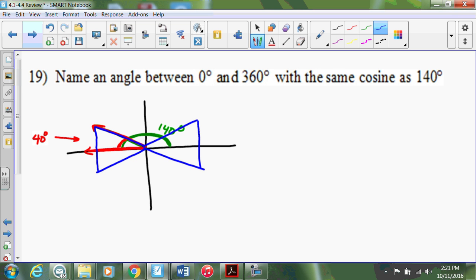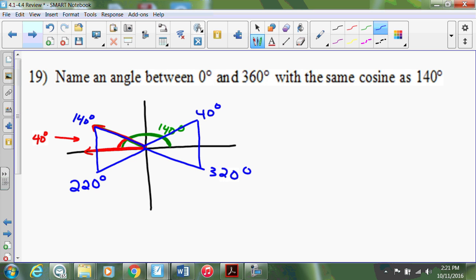We're in degrees, so let's just stay in degrees. We know this one's the 140 degrees, this one's obviously 40. This one would be 360 minus 40, so that'd be 320. This would be 180 plus another 40, so that'd be 220, right?